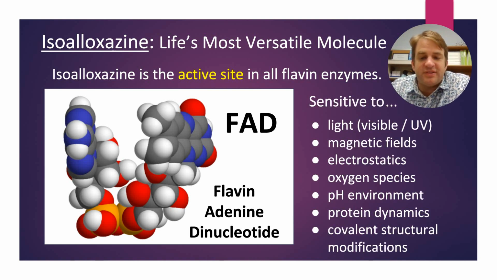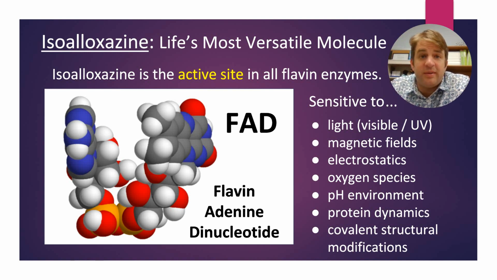Now, these flavins are sensitive to light, both visible and UV light. They're sensitive to magnetic fields. They're sensitive to the surrounding electrostatics. They're sensitive to the presence of oxygen and pH in the environment. They're sensitive to the movement of the surrounding protein. And they're very sensitive to structural modifications if you actually change the structure of the flavin itself.